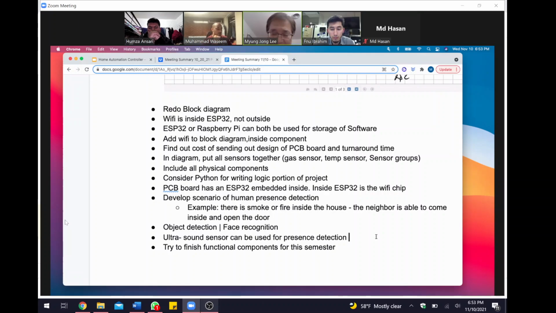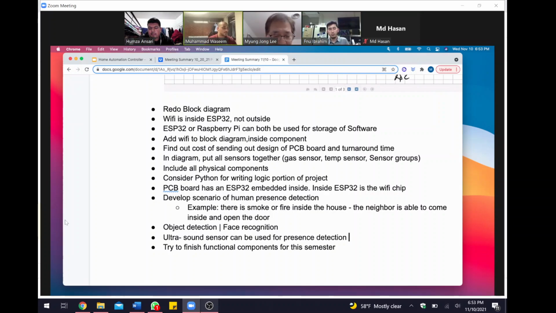Do you understand what I'm saying? Yeah, absolutely. So I'm not suggesting to use the ultrasound sensor. I was just writing that as a note. Depending on your real final application, if you only want to detect it, not recognize it, then you can use the ultrasound. That's what I was saying.